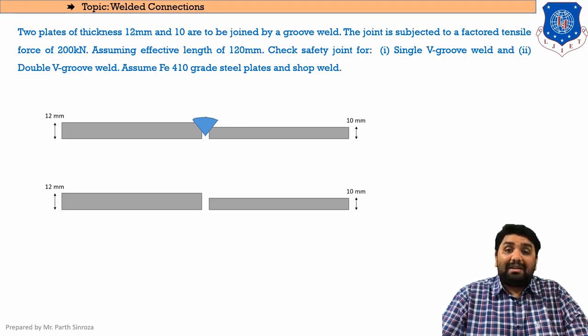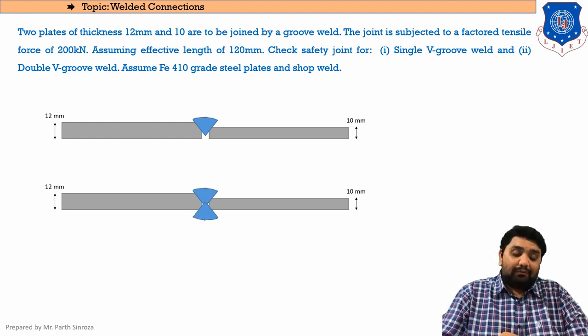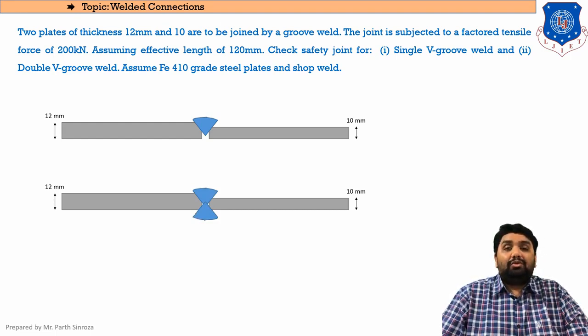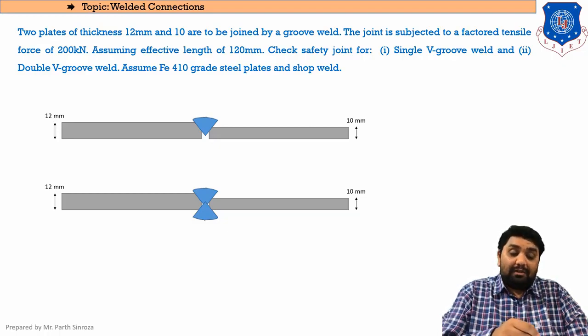And now for the same section, if the weld is applied at the top side and the bottom side also, this type of joint is called a double V groove joint. So here in this sum we need to identify whether our plate will withstand this amount of load either in the first case, single V groove, or in double V groove.